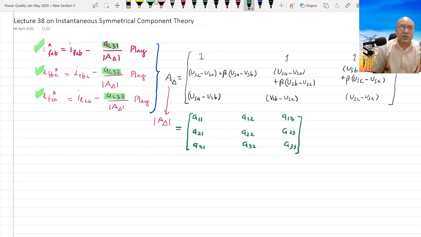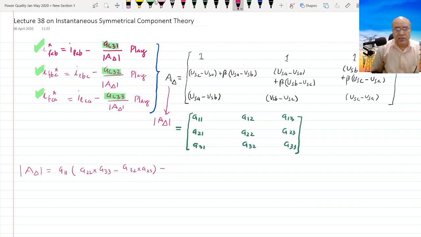Then obviously the determinant of this matrix, A delta, is nothing but: take the factor A11 and multiply by A22 into A33 minus A32 into A23.